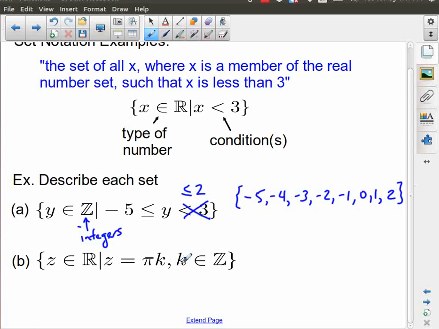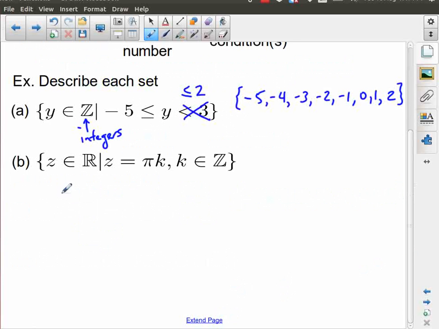So in this case, let's start at 0. When K is equal to 0, I'm going to list these. I'm going to take my K values here and my Z values here. So let's put K equal to 0. If K is equal to 0, what is Z equal to? Well, pi times 0 is equal to 0. If K is equal to 1, what is Z equal to?